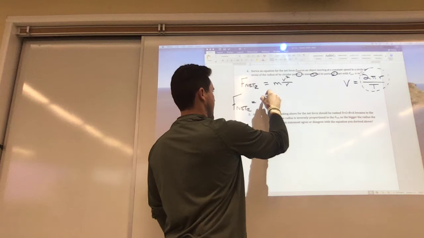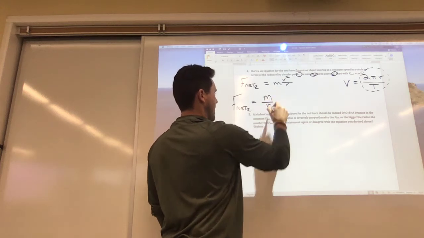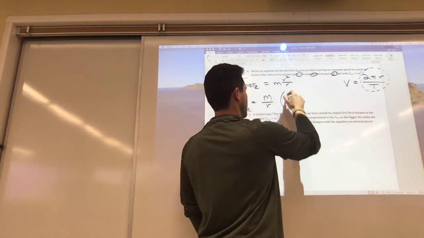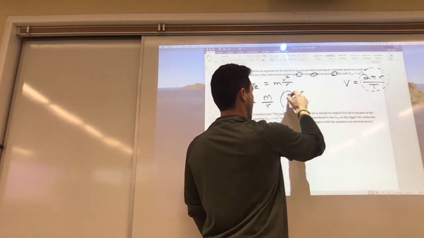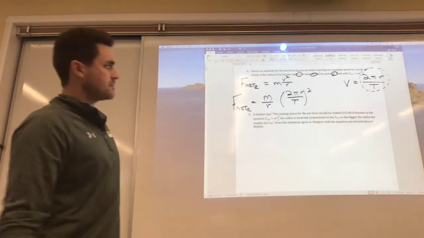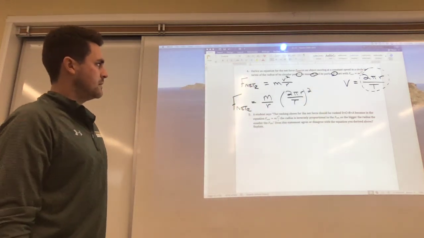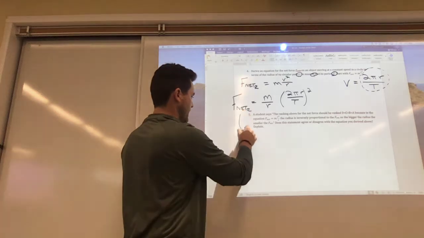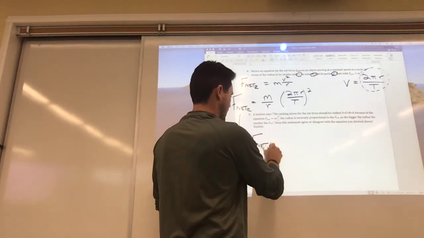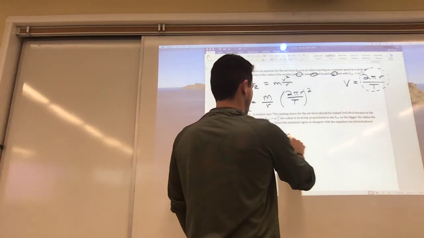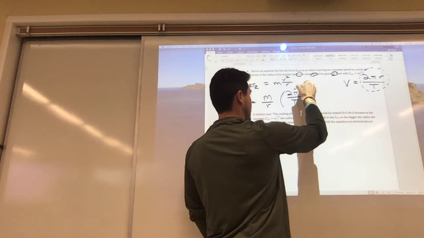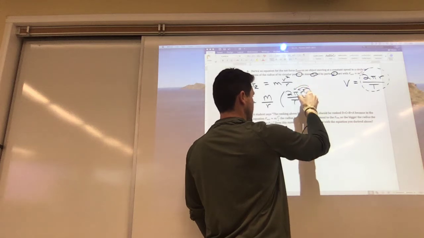So let's try that. Let's do m over r right here because this thing's going to get messy. So let's do 2 pi r over period, this whole thing squared. I'm going to keep using the space down below here to keep writing this out. F_net,R is equal to m over r times, now we're going to distribute that squared into all of these variables.